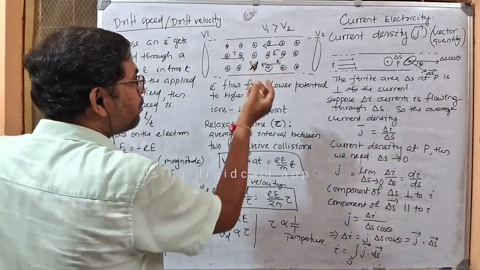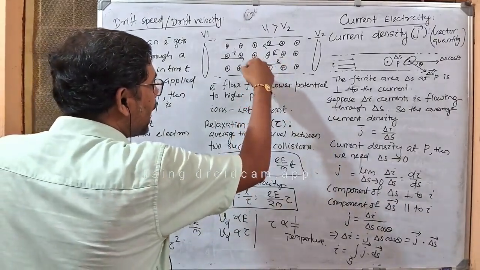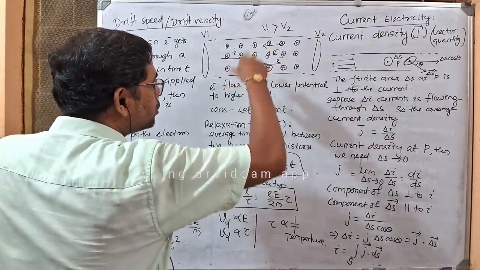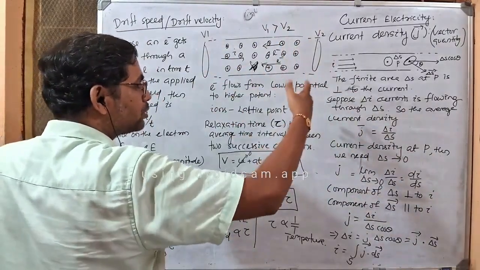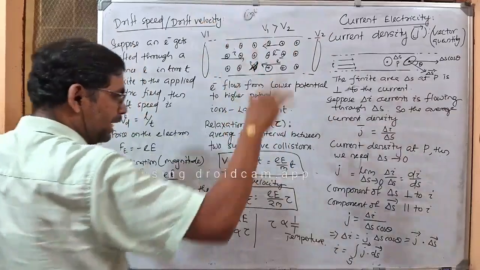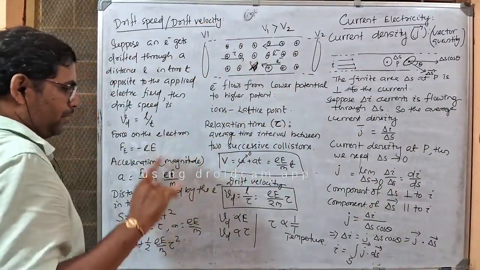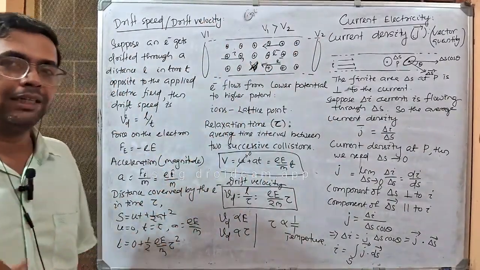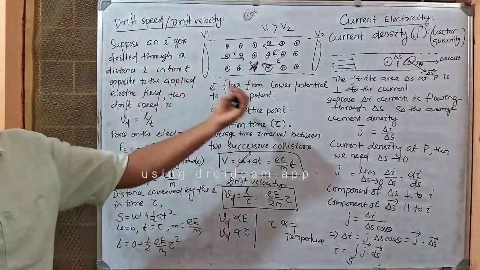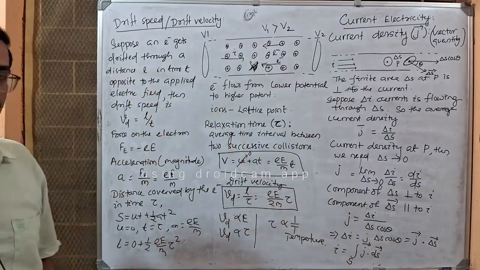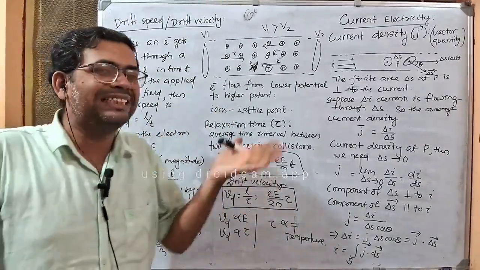If we increase the temperature of the material, these ions will vibrate more. If they vibrate more, they will interact more with the drifting electrons. They will obstruct their path. They do not easily let the electrons move. There will be more resistance.